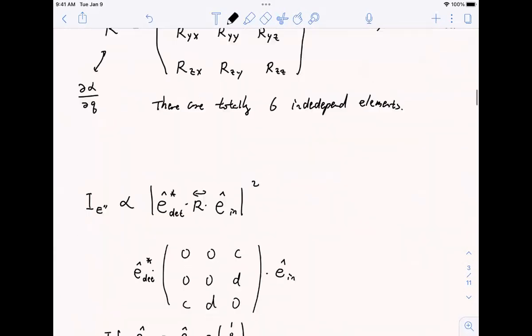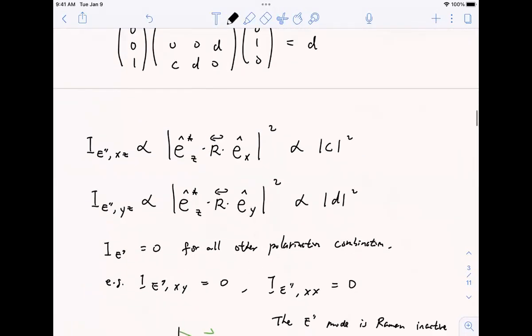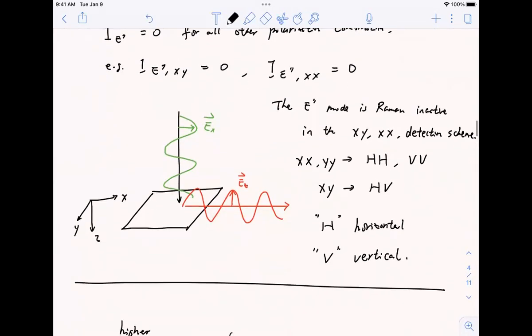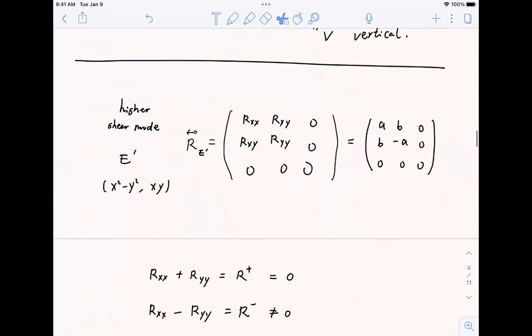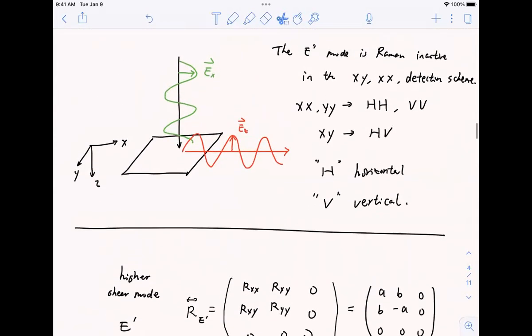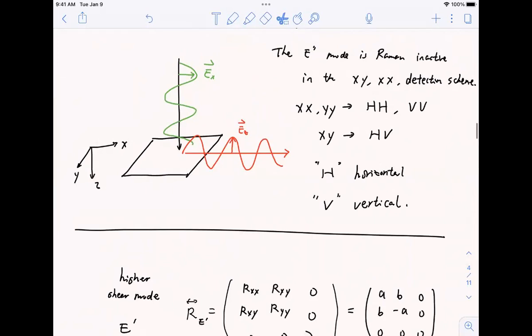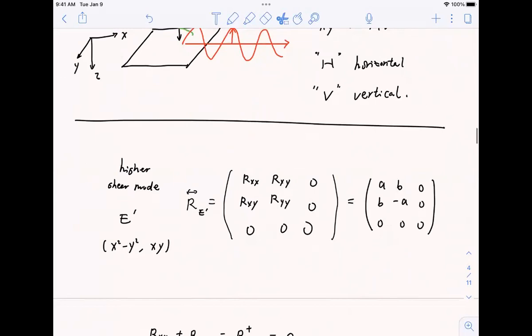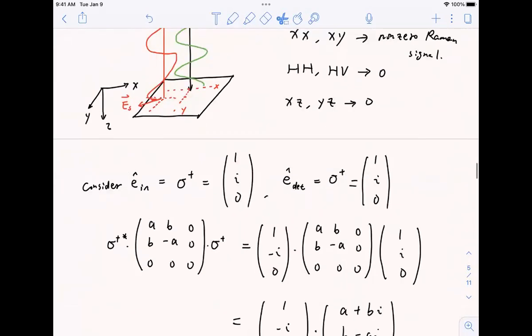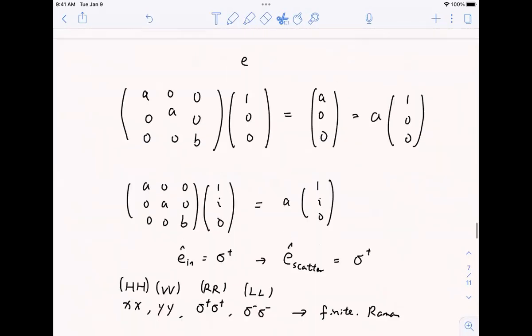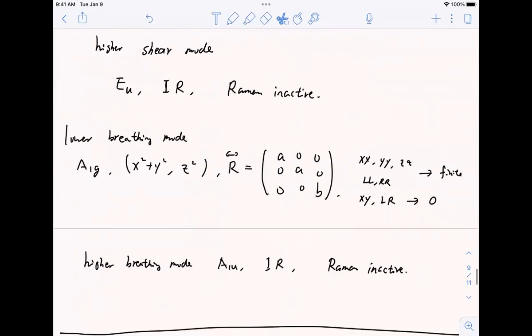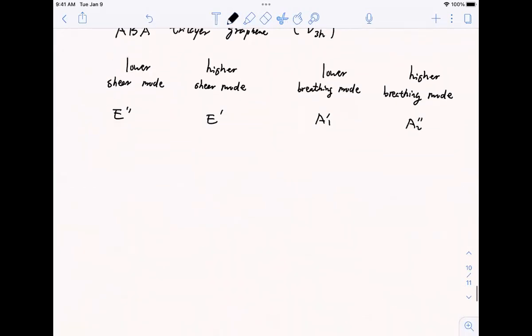The first one is, sorry for keep going back and forth. Okay, this is XZ. This is XZ.